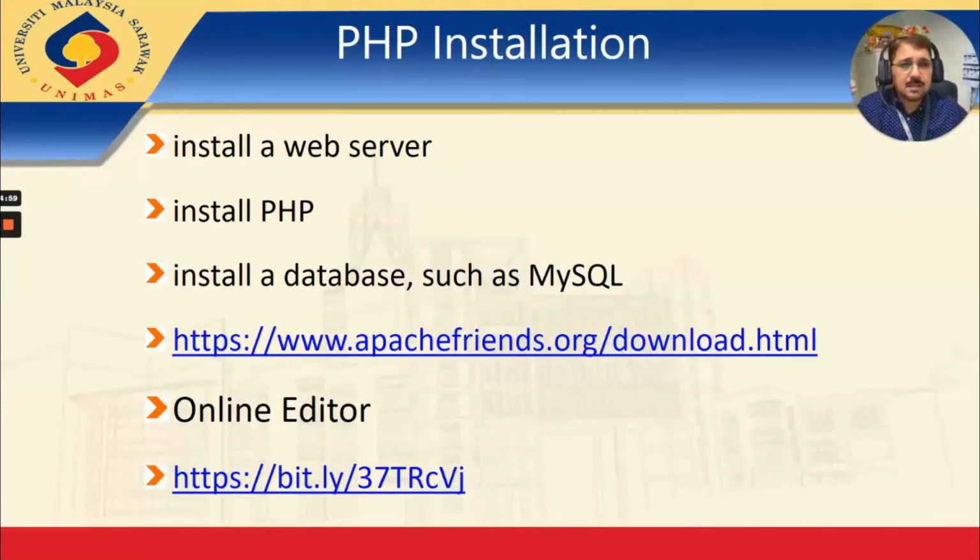Okay, so all these three are combined in one package which is called XAMPP. Okay, the XAMPP server, and you can download it from this link, apachefriends.org. This is the organization where developers from worldwide keep maintaining these three things: PHP, MySQL, and Apache.